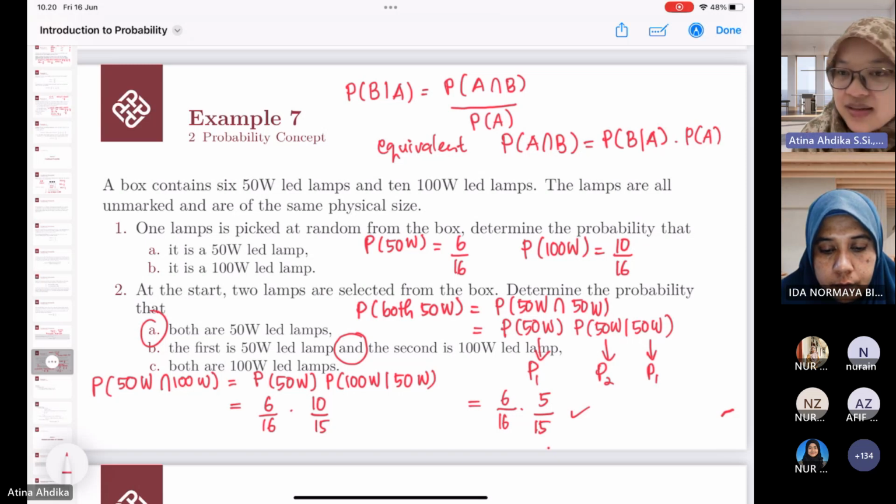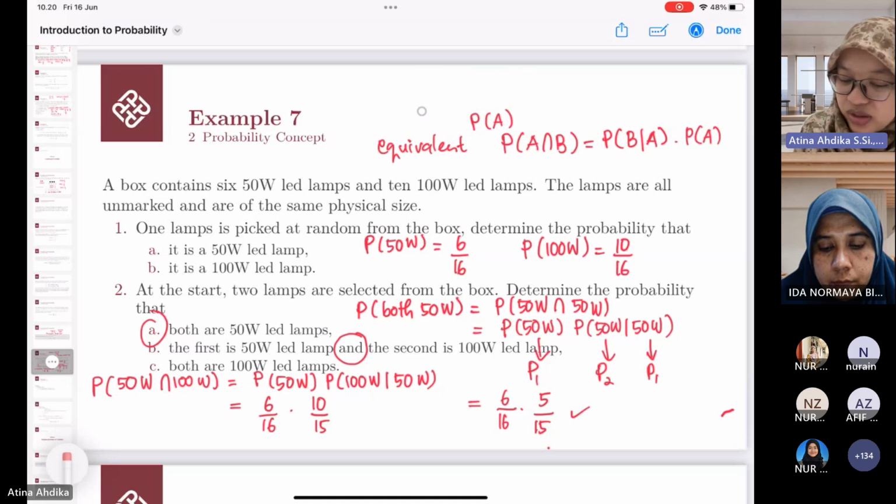Okay, so the last question, I think also the last discussion of this class. What is the probability that both are 100 watt LED lamps? So it is the same. How can we calculate this probability? Anyone?